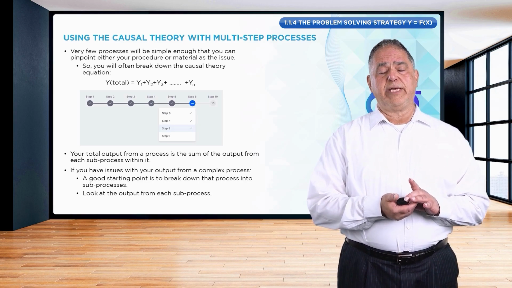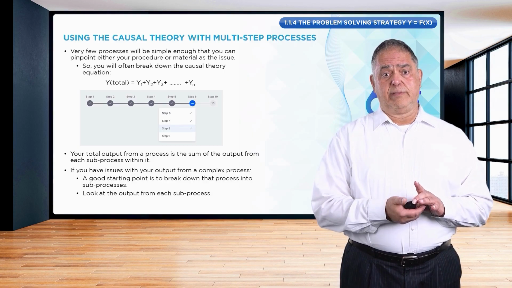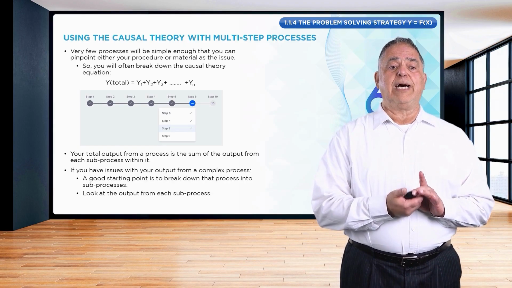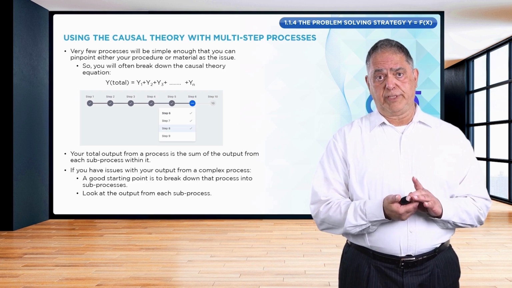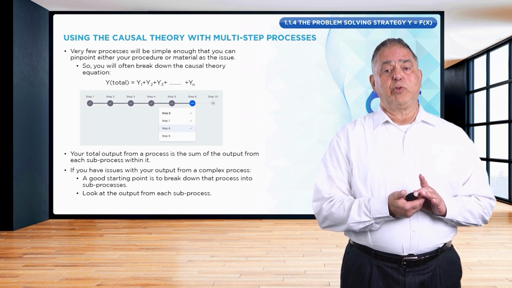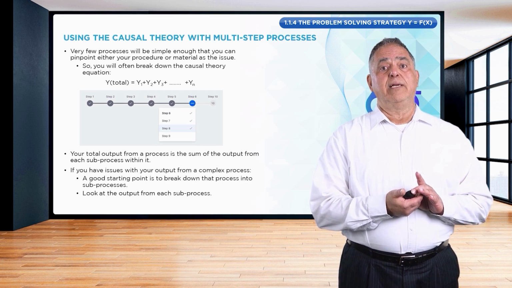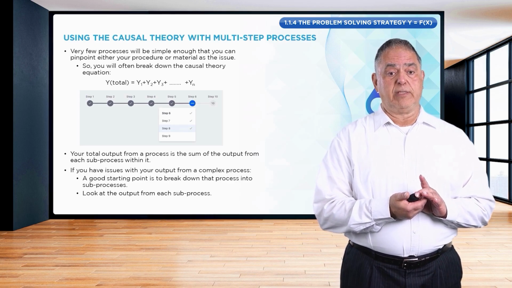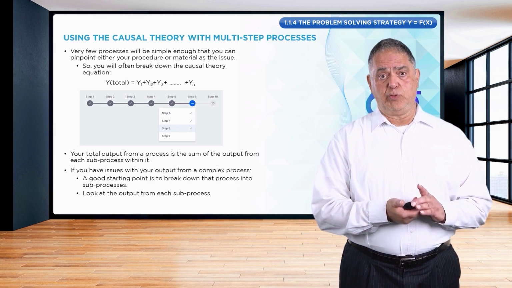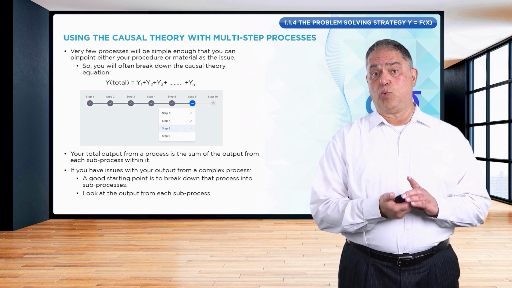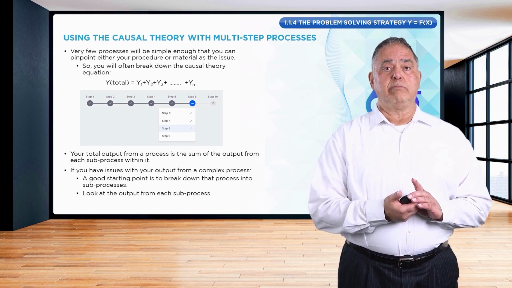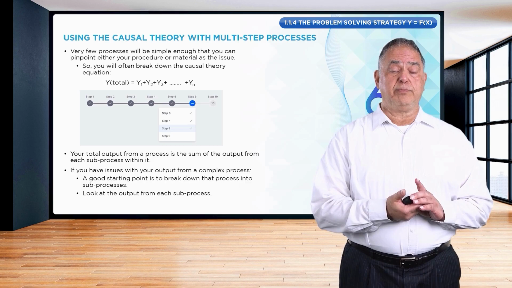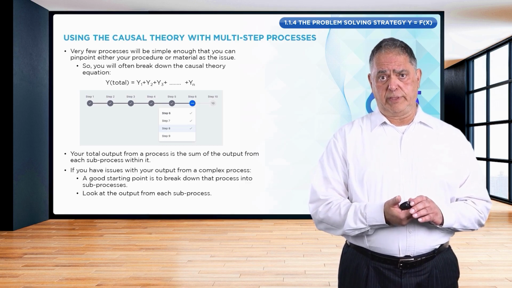In other words, expanding on the power equation, the total output from a process is the total sum of the uppercase and lowercase y's, y1 plus y2 plus y3 plus yn. So your total output from a process is the sum of the outputs from each of the sub-processes or process steps.